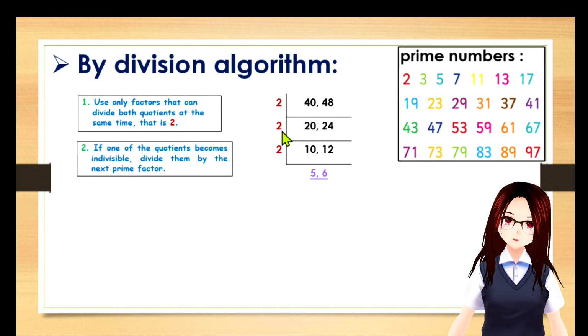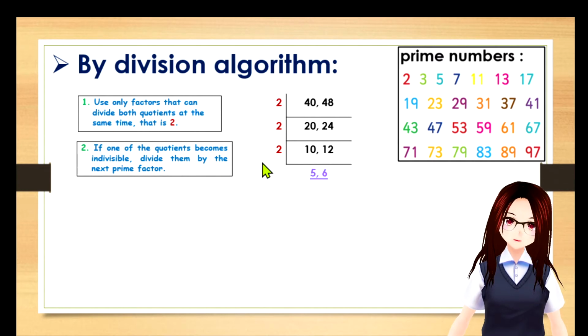20 divided by 2 equals 10. And 24 divided by 2 equals 12. Again, we divide. 10 divided by 2 equals 5. And 12 divided by 2 equals 6. If one of the quotients becomes indivisible, divide them by the next prime factor.